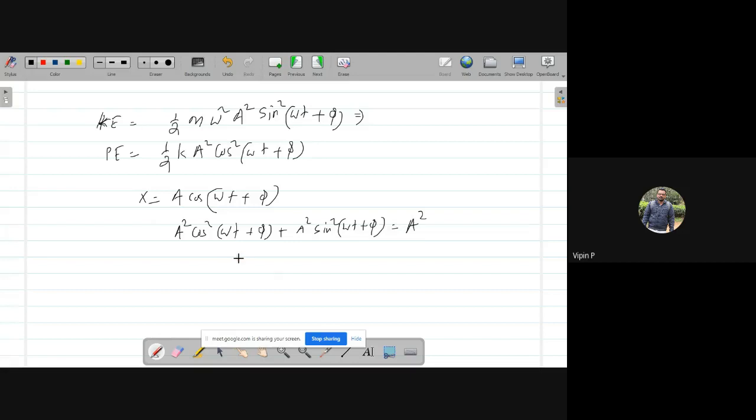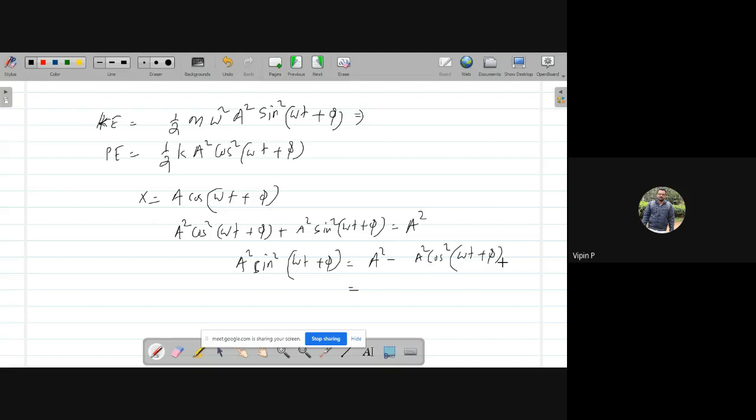So a square sin square omega t plus phi can be written as a square minus a square cos square omega t plus phi.